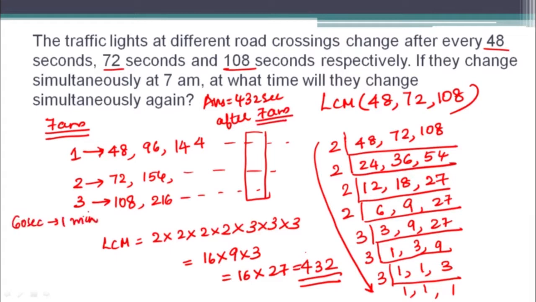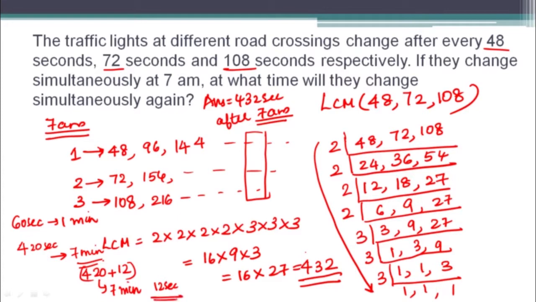60 seconds is 1 minute. When I have 420 seconds, that is nothing but 7 minutes. So here I have 432 seconds. What is 432 seconds? 432 seconds is nothing but 420 plus 12 seconds, and 420 seconds is nothing but 7 minutes.